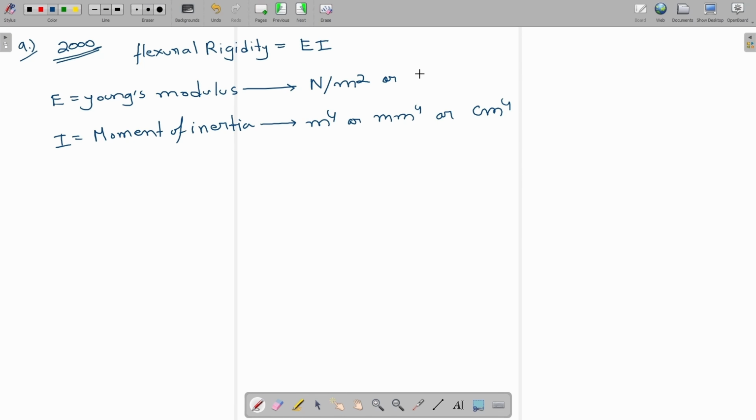Similarly, it is Newton per millimeter square, force upon length square. Now, Newton per meter square into meter to the power 4.